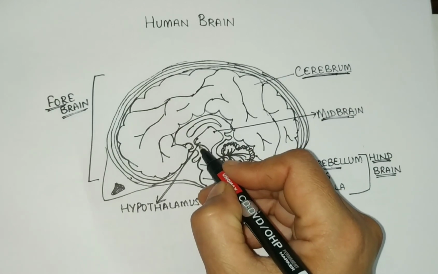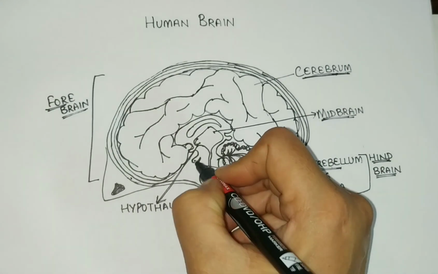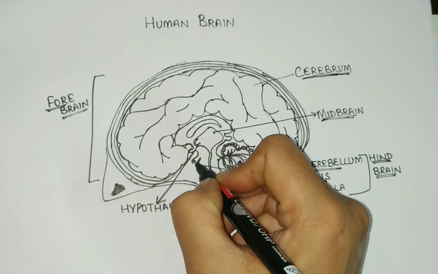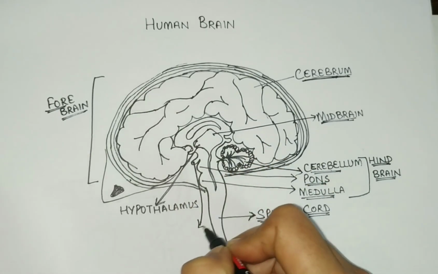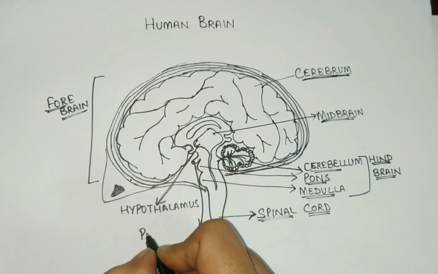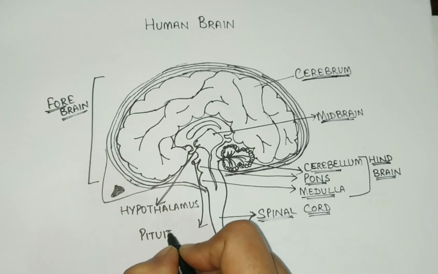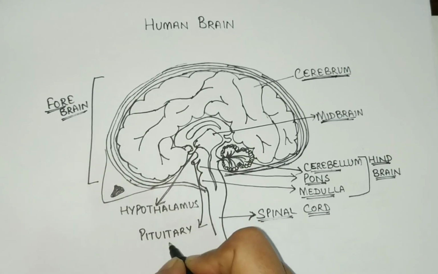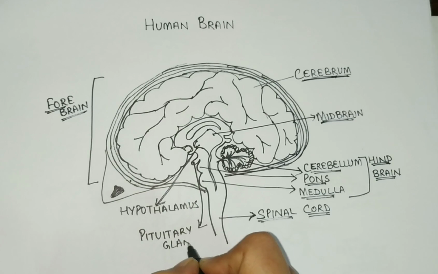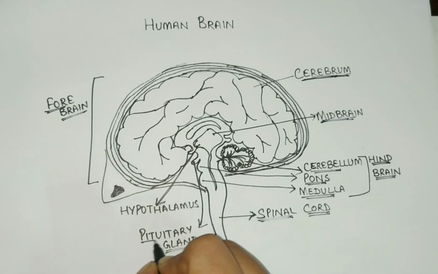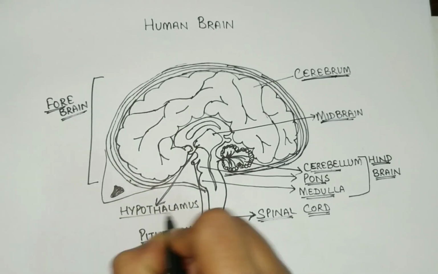After this, touching the kite part, here we will mark the pituitary gland. This is a master gland as it controls 7 glands.